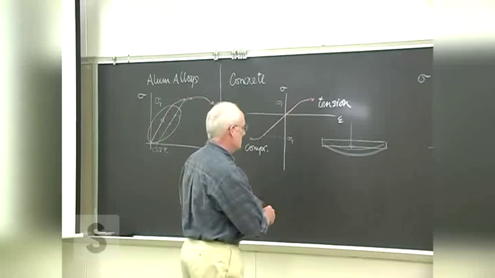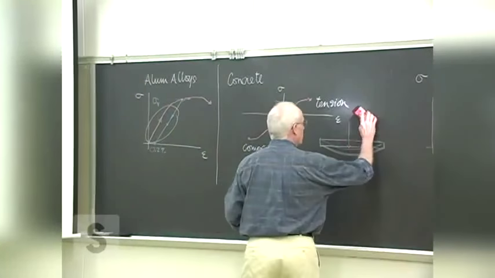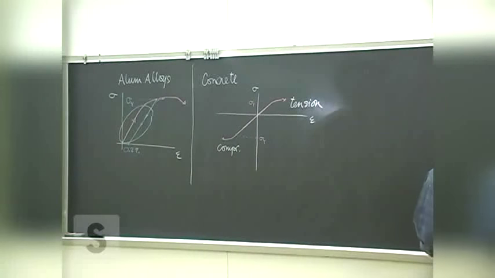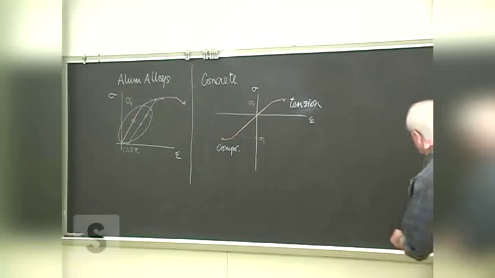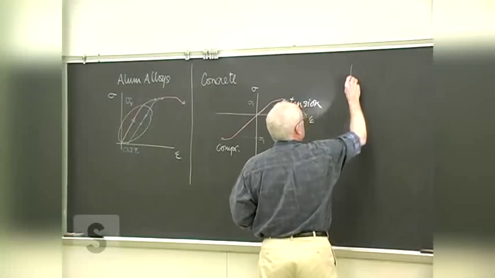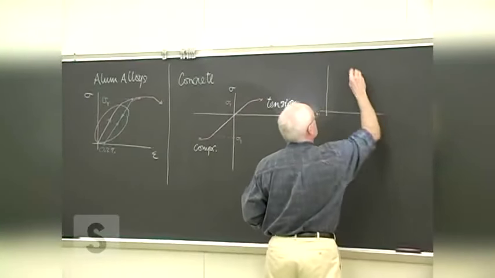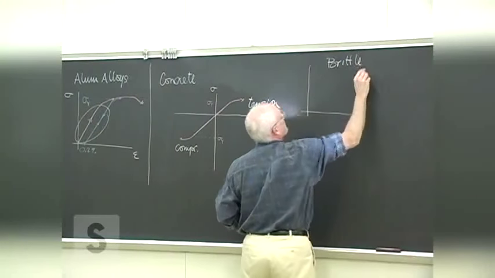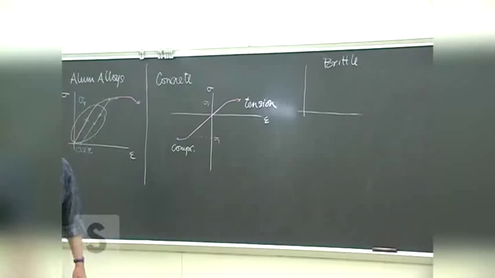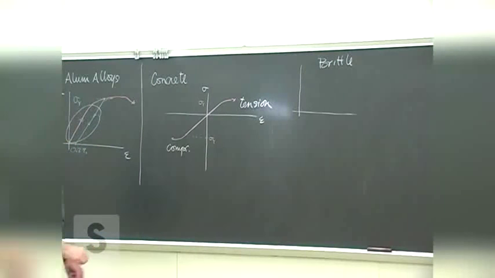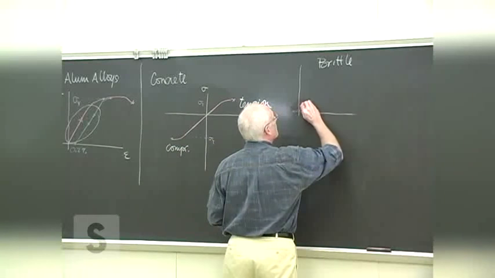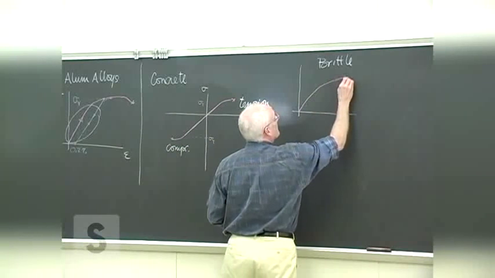The last material of any importance that we need to look at before we really start to look at this stress over strain business: brittle materials like glass or brick or ceramics typically have curves like this.